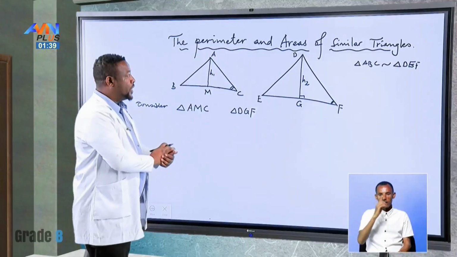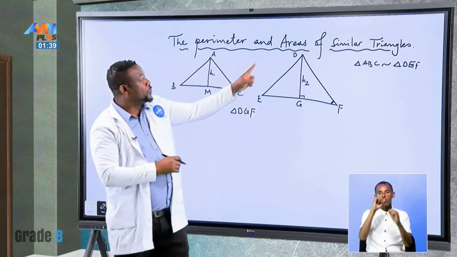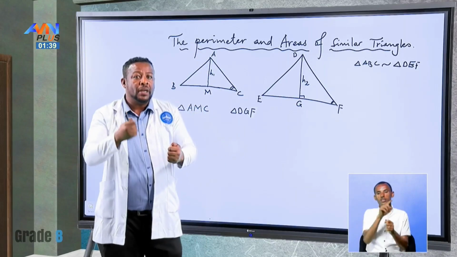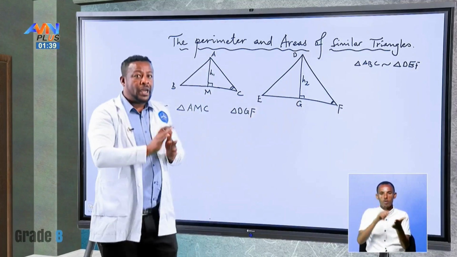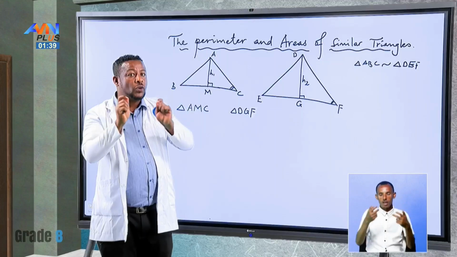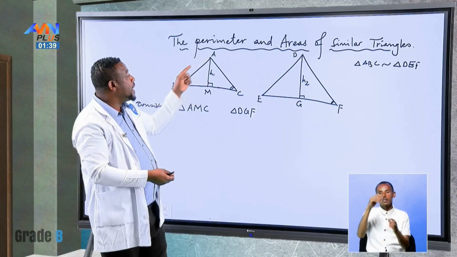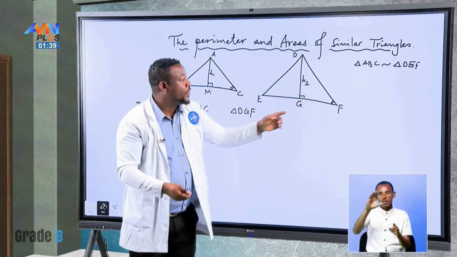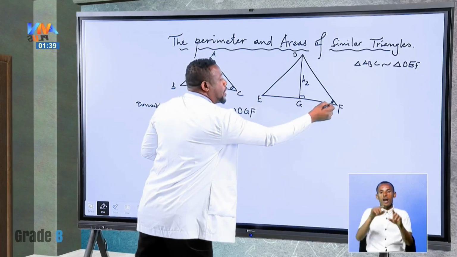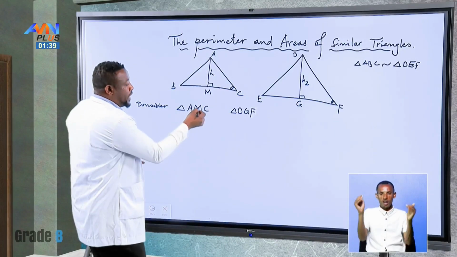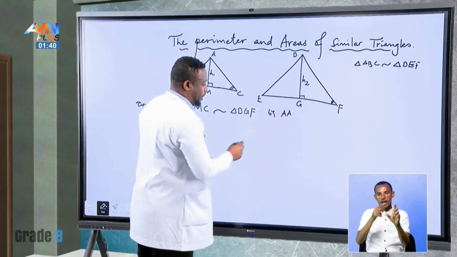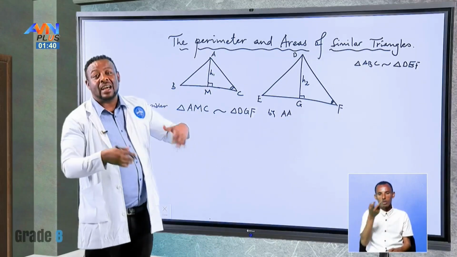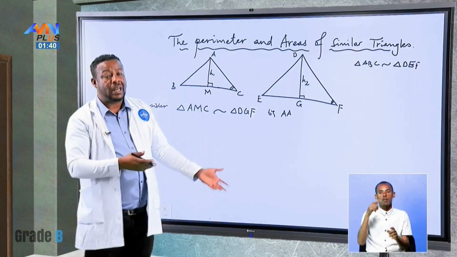If you compare these two triangles, they form 90 degrees at this point and this point. The two triangles have one congruent angle. The other thing, by similarity of triangles ABC and DEF, angle C and angle F are congruent. So we can say that AMC and DGF are similar by angle similarity. We have seen what angle similarity looks like in our previous class discussion.